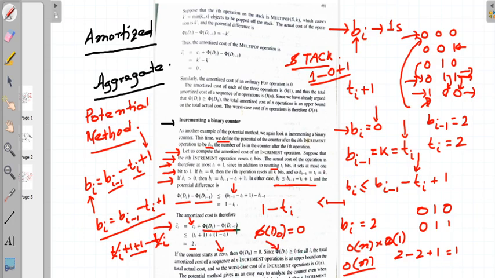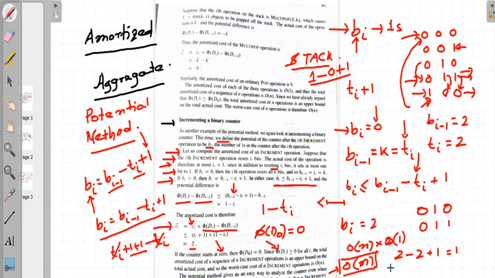That was the condition that had to be proved to show that the amortized cost Ci cap is an upper bound of the actual cost, and we have argued that. So that's why the amortized cost of n increment operations is order of n.